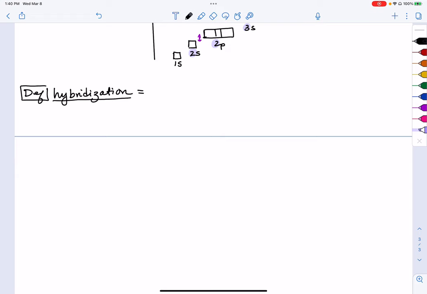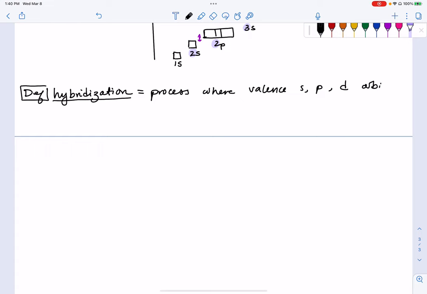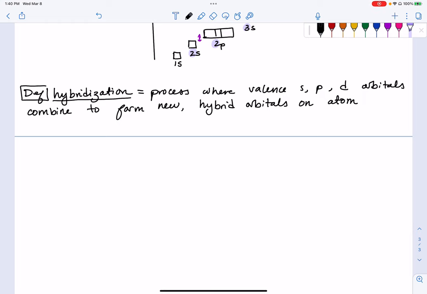Hybridization is the process where valence s, p, and sometimes even d orbitals combine to form what we call hybrid orbitals on the atom.